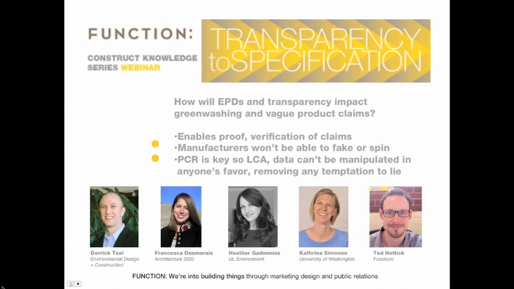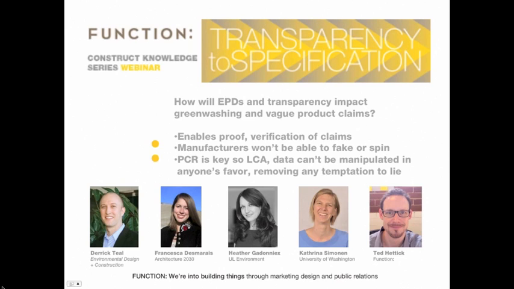Did anyone else have anything to add? Well, this is Kate. I would say that one of the primary ways that data can be presented in a way that can be seen as greenwashing is by selecting how you report the data in such a way that your product is favorable. So in doing a life cycle assessment, there are decisions that have to get made.